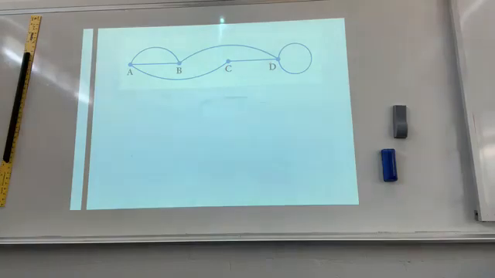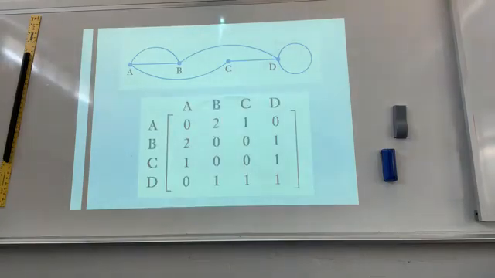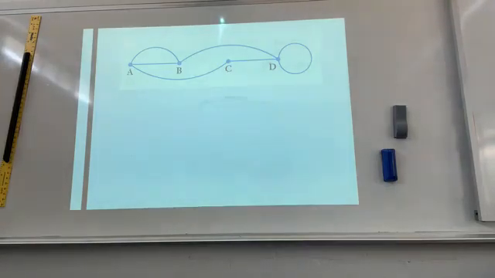And also at D, there's something. D to D, there is a loop. Undirected graph. So remember your from and to.